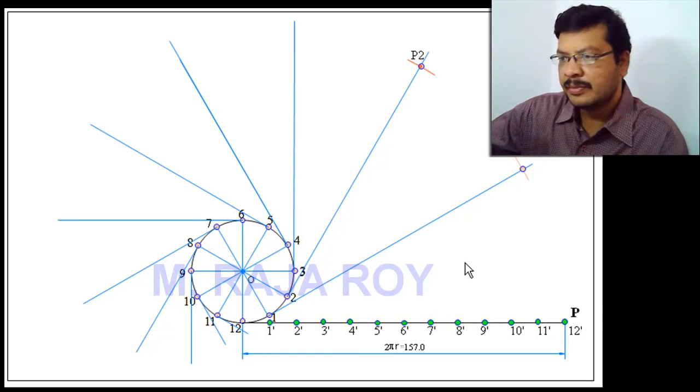Now observe. Now I am taking P to 3 dash as radius, this blinking point 3 as center. Draw an arc onto this tangent. This is the radius. This point is P3. Okay. Now repeat the same procedure for getting P4.